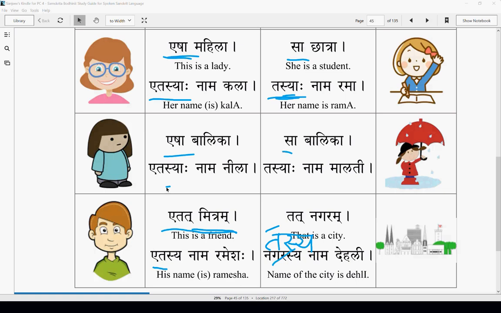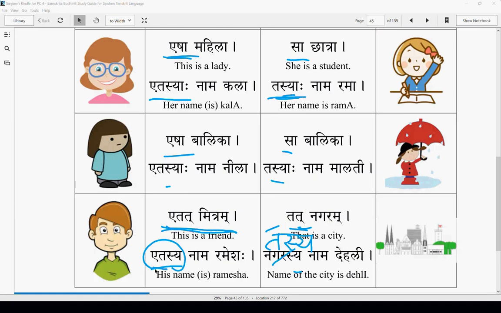Right? Couple of examples given here. And similarly, Etat changing to Etasya and Tat changing to Tasya. So Etat and Tat are Napunsakalinga words, but the Shashti Vibhakti form is same as that of Pullinga word. Again, you see the same rule follows for Pullinga and Napunsakalinga forms in the Shashti Vibhakti.